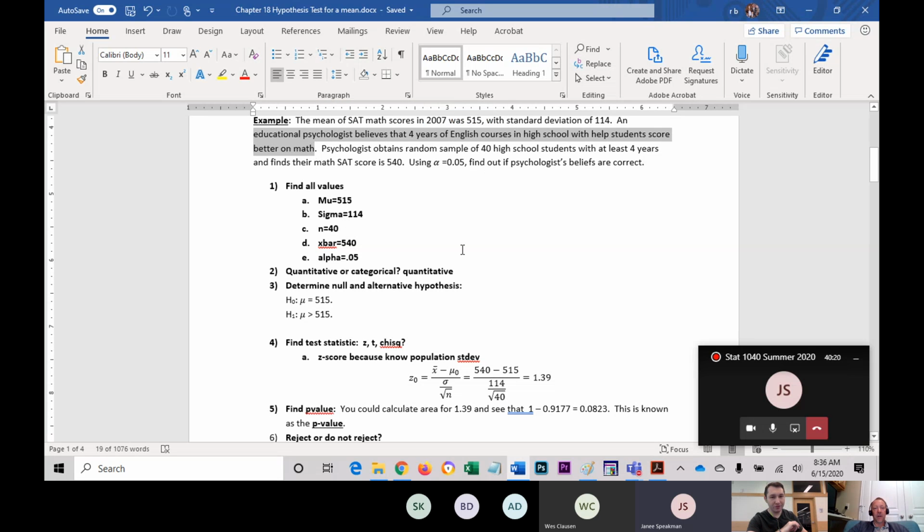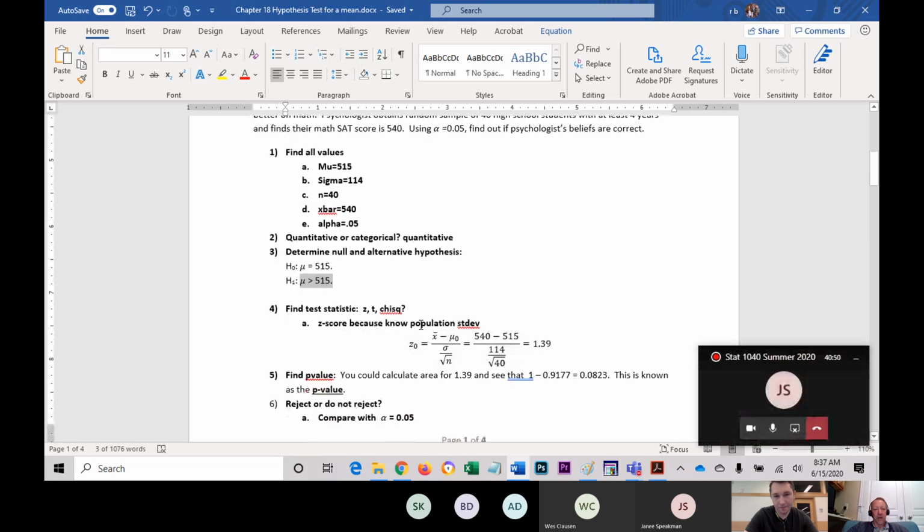So one way to think about this is, the null hypothesis says 4 years of English does not improve your scores, whereas the alternative says it does improve your scores.